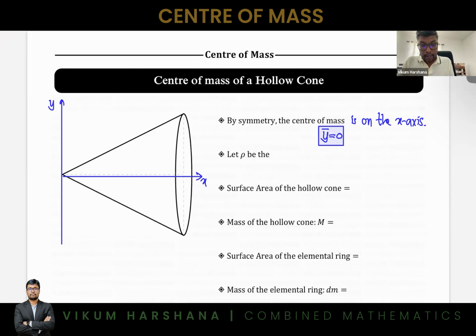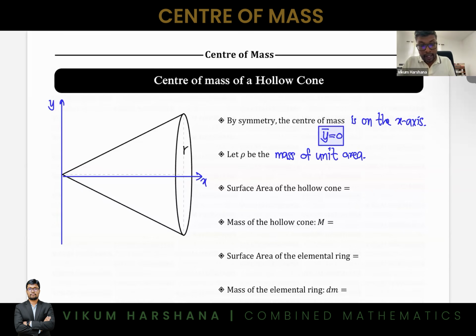Let rho be the mass of unit area, because now we are going to stick to the areas again, right? Rho is the converter between area into mass now, okay? Surface area of a hollow cone. You know that.